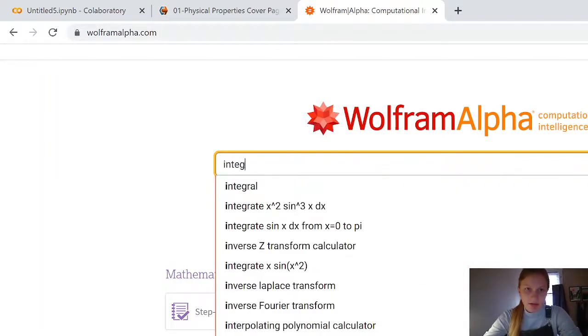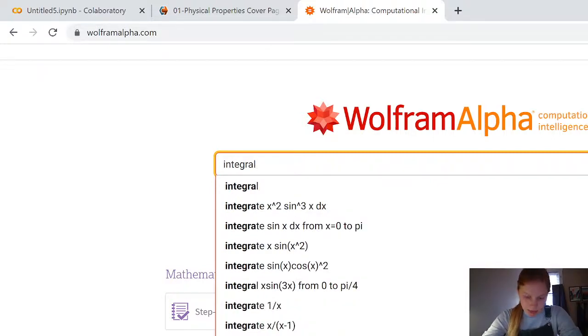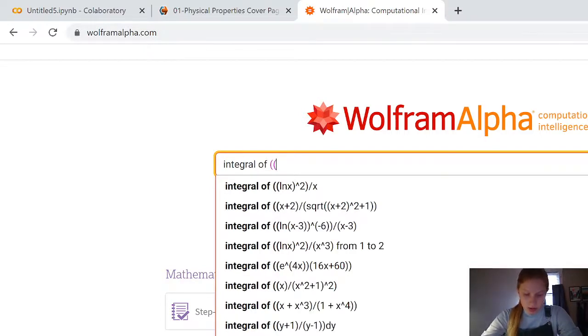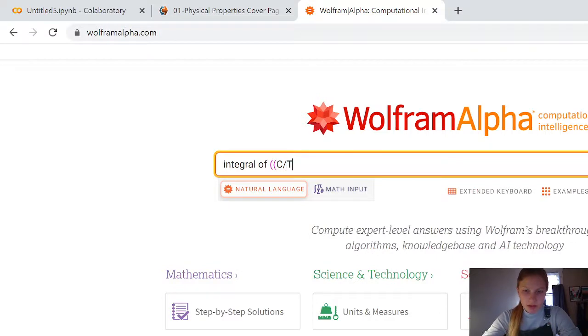So we're going to type in integral of c over T divided by hyperbolic sine of c divided by T, squared, over T. Okay, I think that's enough parentheses.